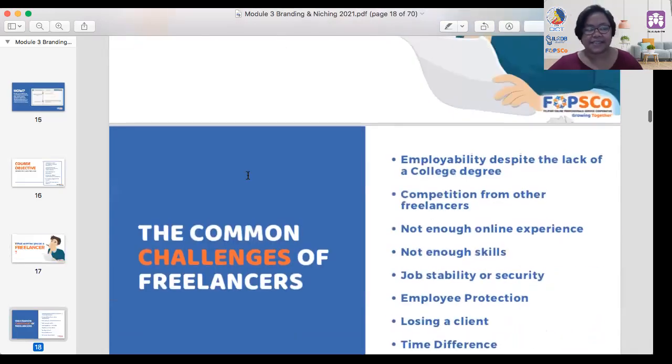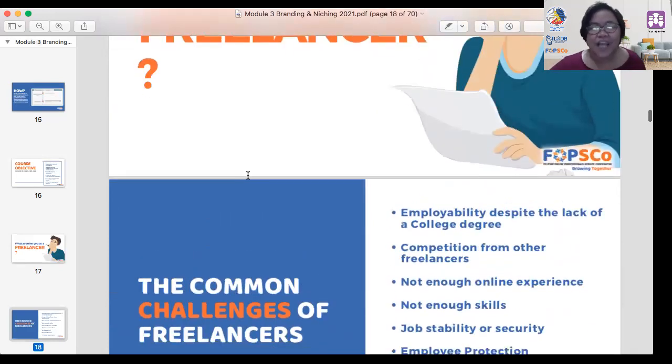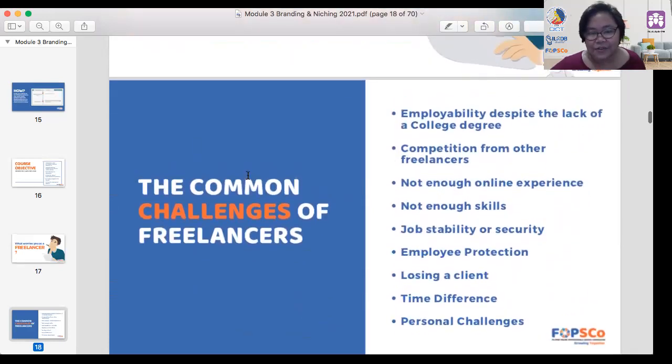All right. So the common challenges of freelancers, according to some studies, would be employability despite the lack of a college degree. So common challenge yan, di ba? And then competition from other freelancers. Of course, that's a challenge.